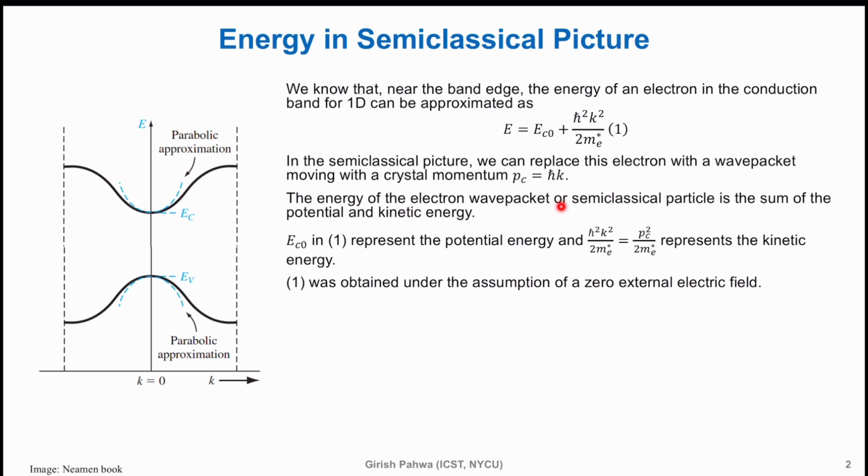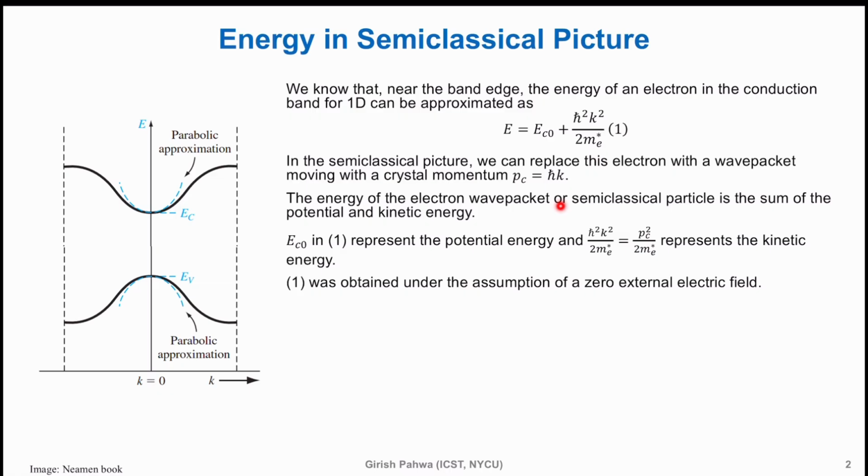So when I apply an electric field, one potential energy is already coming from the crystal, which is EC naught. On top of that, I apply some extra potential that gives the electron an extra potential energy. What will be that extra potential energy?